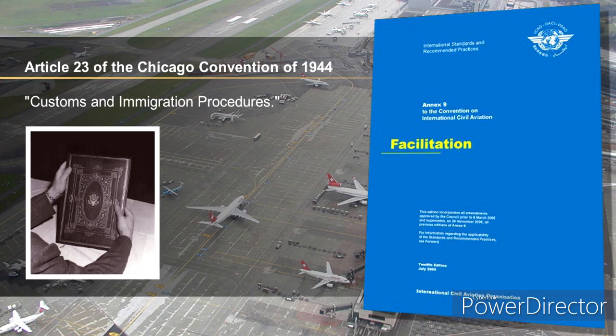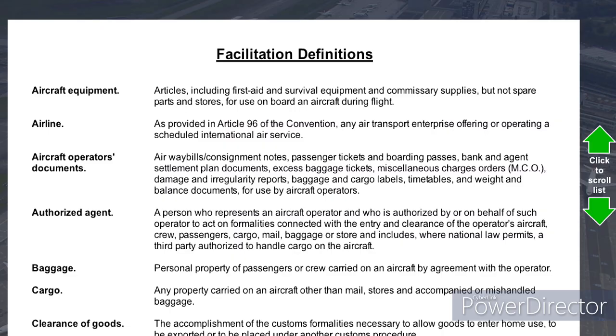Article 23 of the Convention continued the process by requiring contracting states to establish customs and immigration procedures affecting international air navigation in accordance with the practices recommended by the Convention. At this point, an understanding of some of the definitions would be useful. Shown next are phrases that need to be understood when dealing with international air navigation facilitation.